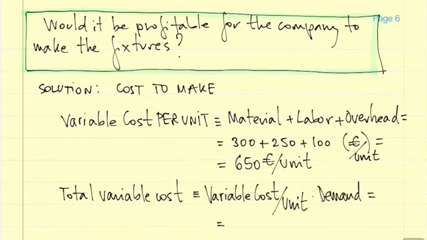Okay, and this means 650 euros per unit times 5,000 units in the year. Okay, and this means 32, wait a minute, I don't want to be making a mistake. 3,250,000 euros. Okay.